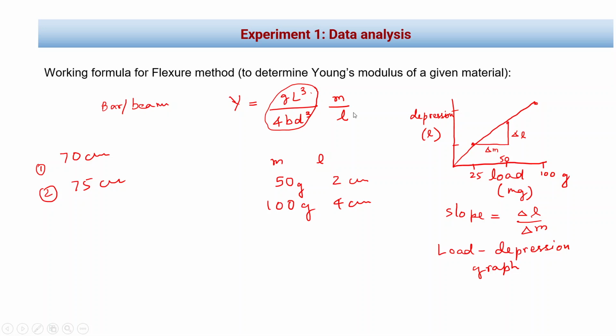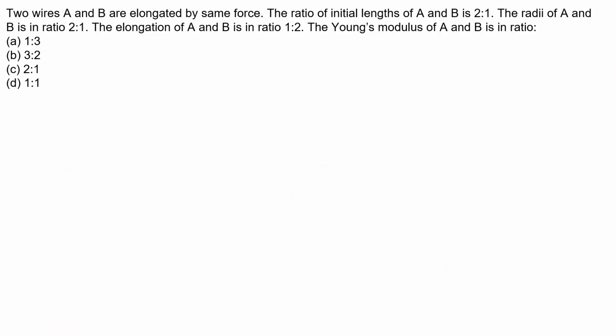Now, because we have to do the assignments, and assignments mostly contain the theory part, we'll do some assignment problems from previous years, and also some more questions that I have added. So let's do the first question: two wires A and B are elongated by the same force.